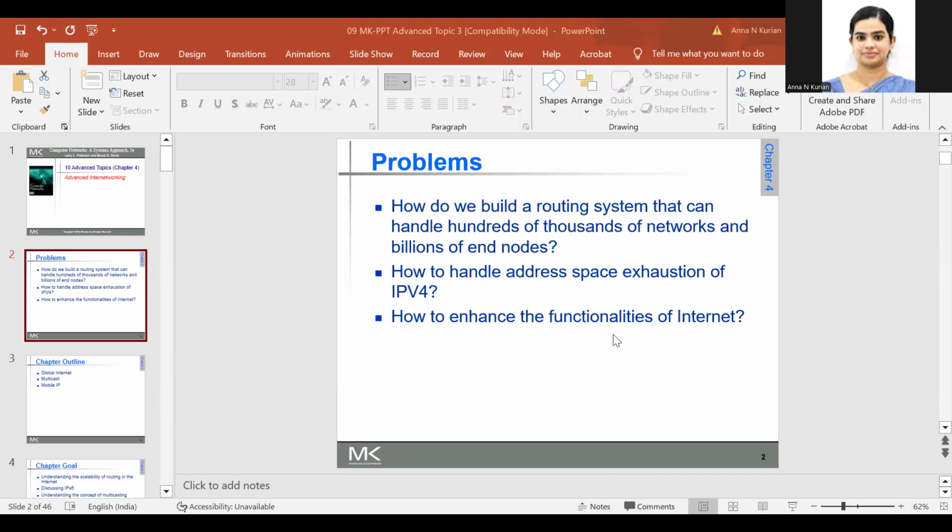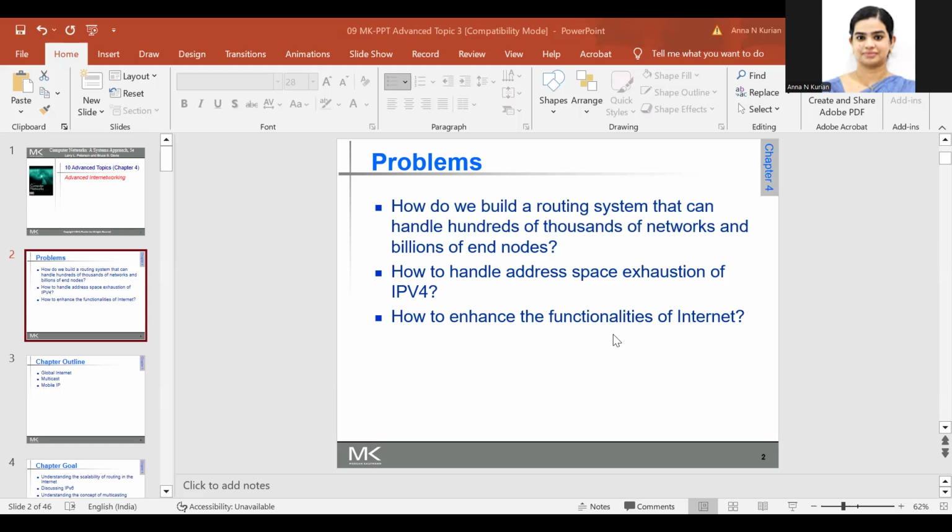Then how will we handle the address space exhausted by IPv4? I think all are familiar with the IPv4 format and IPv6 format, which we have studied in earlier classes. In this module, the syllabus goes for the discussion of IPv6. We will discuss that, and before that, we will go through IPv4 also.